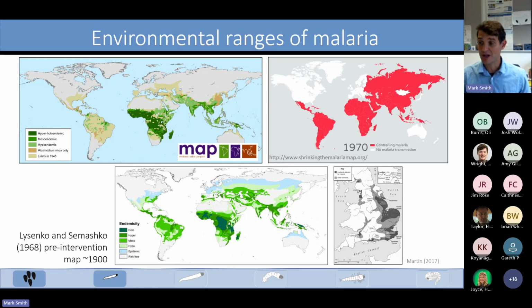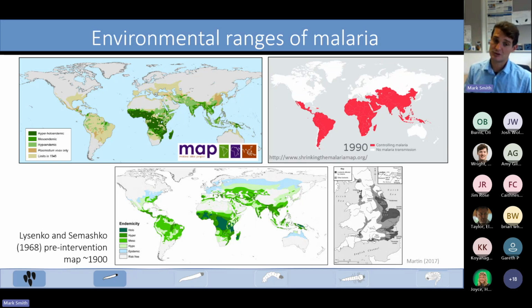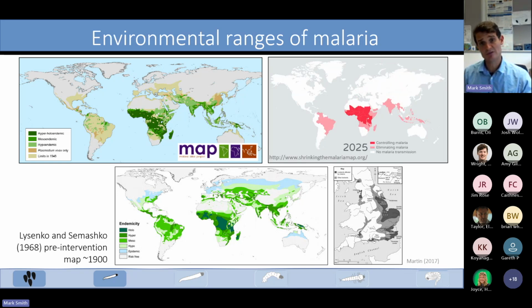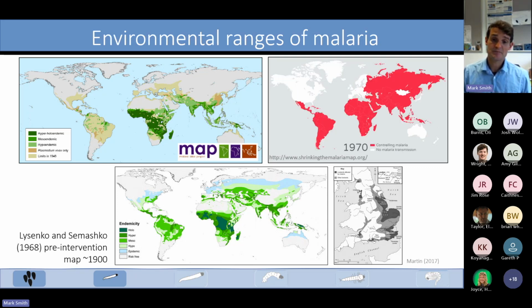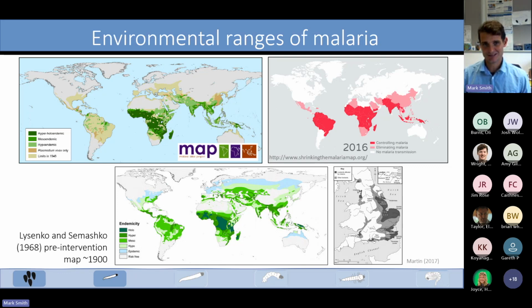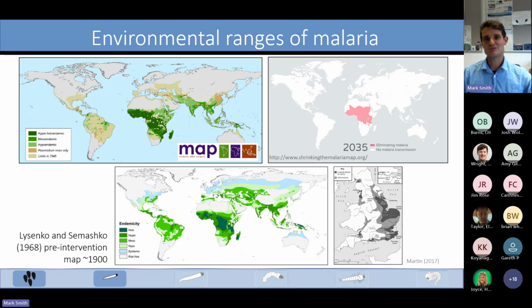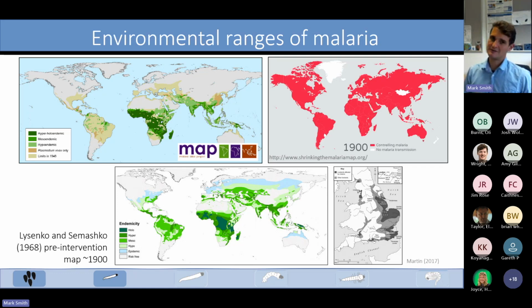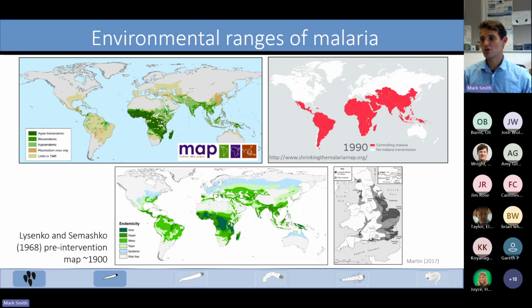You can see it goes all the way up to York, more or less, in the north. And this was not the falciparum malaria of Africa, but it was vivax malaria. And we drained a lot of these areas, but we were always on the fringes of malaria suitability, certainly back then. So it was a relatively easy task to eradicate malaria from the UK. There were other things going on.